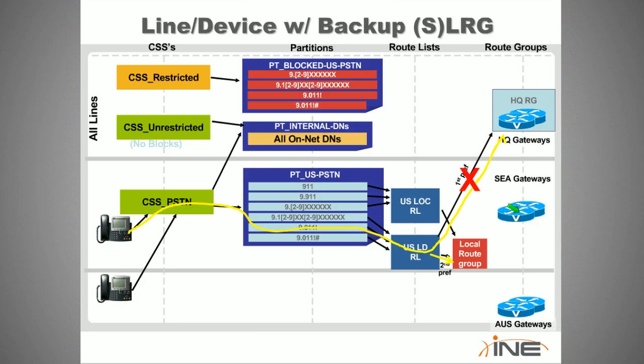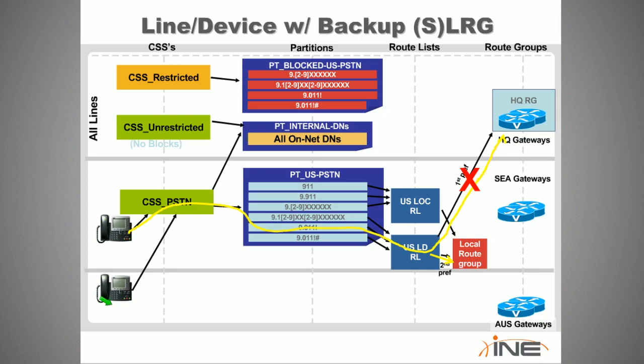So instead at the gateways, I can say, set up a new CSS that only has one partition in it, and we'll name it intuitively, and that partition should only be applied to a single pattern that is a calling party transformation pattern, and that matches the 2000 series set of numbers, the Austin numbers.